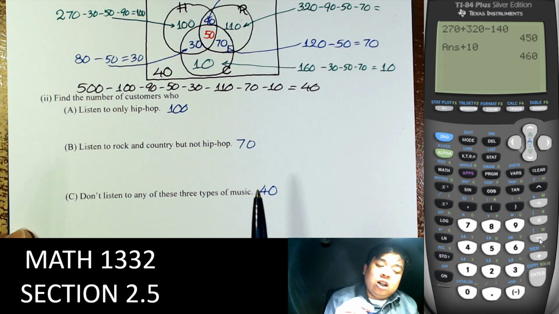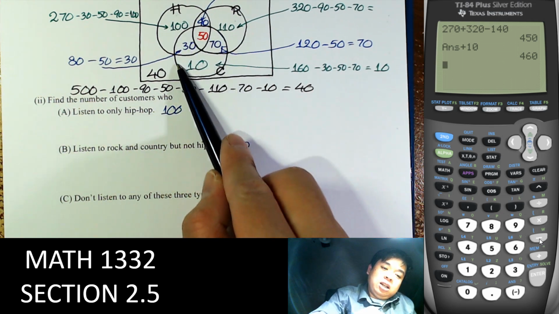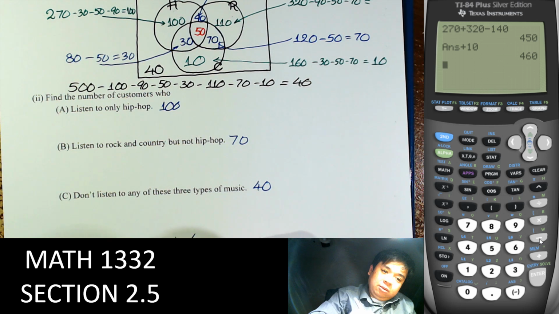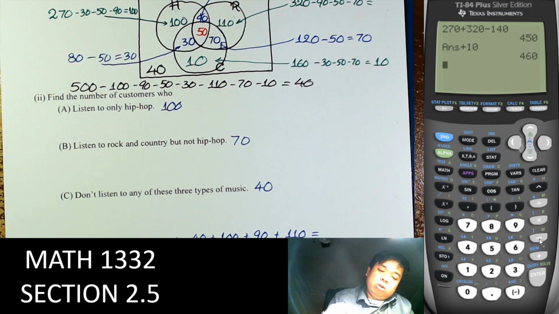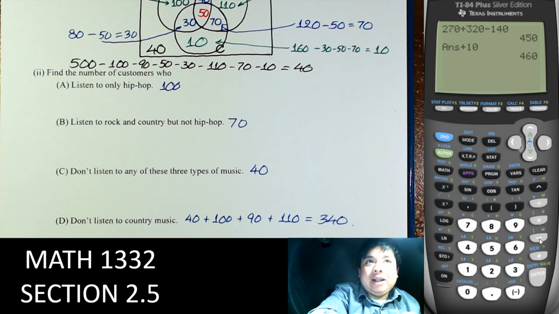And don't listen to country music. Well, this one we have to count. Country music is here. Just add all those numbers on the outside. So that's 200, 300, 340. Actually, we don't have to do that.